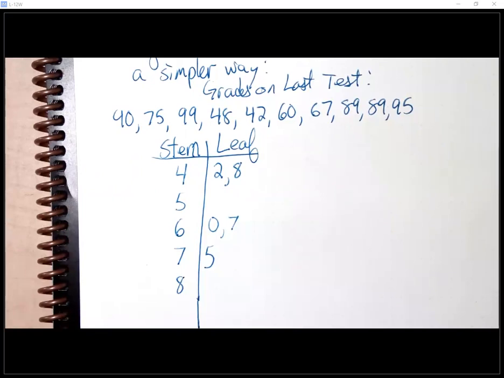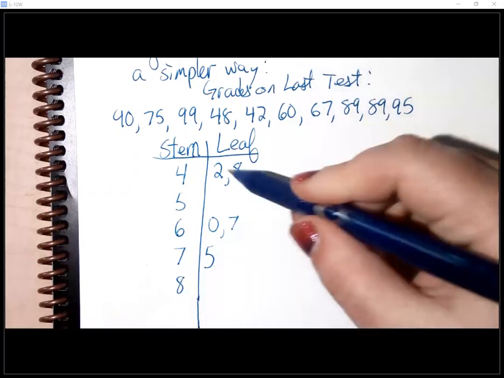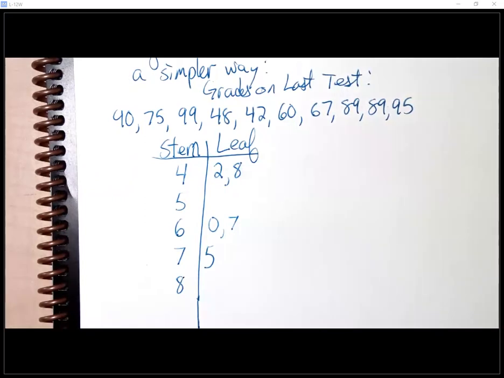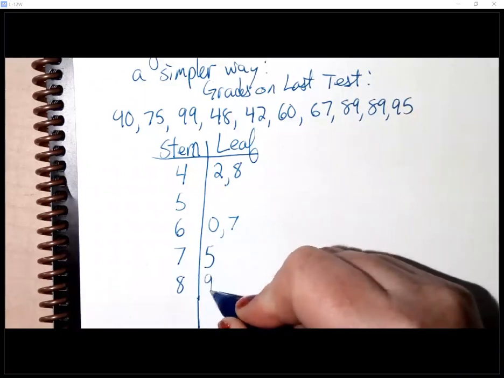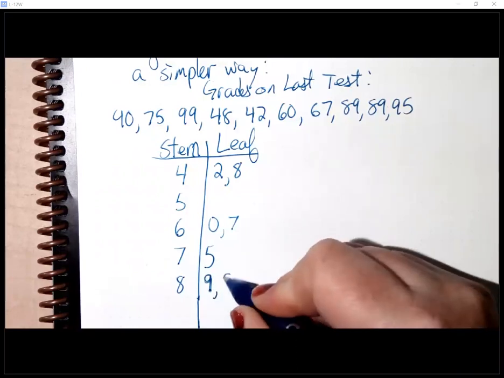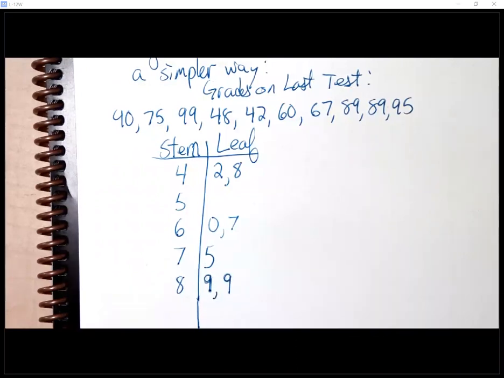Because each leaf represents one test, right? Just because two people got the same grade, it still counts as two separate tests. So I'm going to have an 89, and then I'll put a comma and then another 9, because I had two people that got that 89 score. So I'll have two leaves that are 9s.